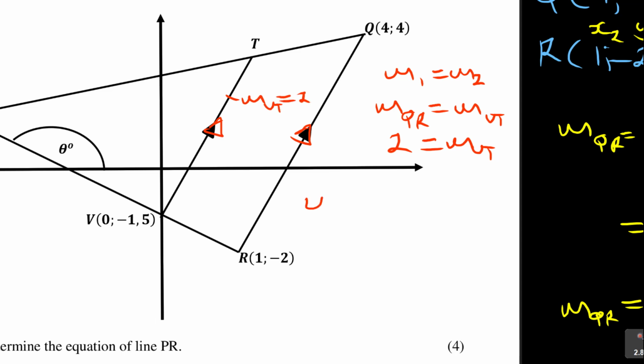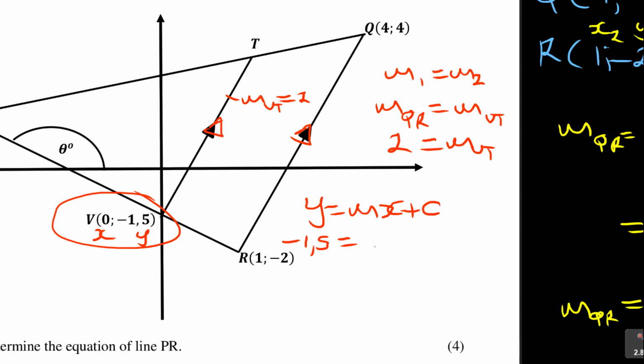Now using the formula y = mx + c, these are the coordinates that I need, whereby x is 0 and y is -1/5. So I say -1/5 is equal to m, which is 2, times x, which is 0, plus c.